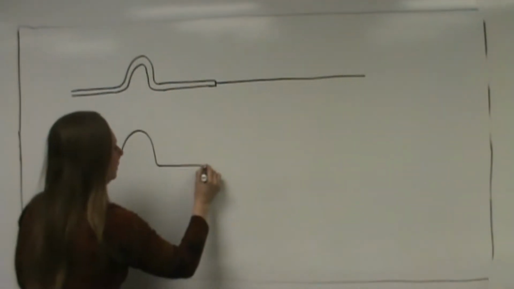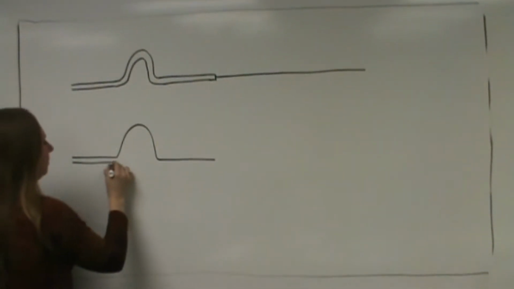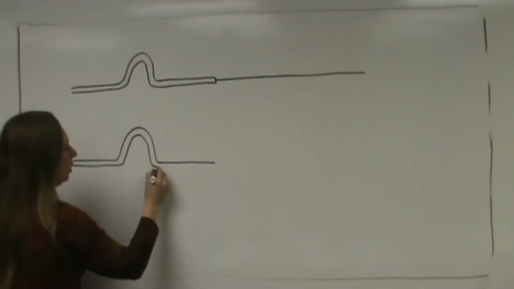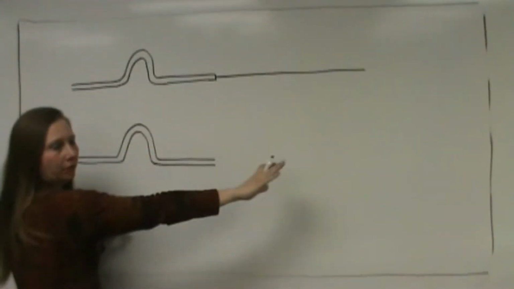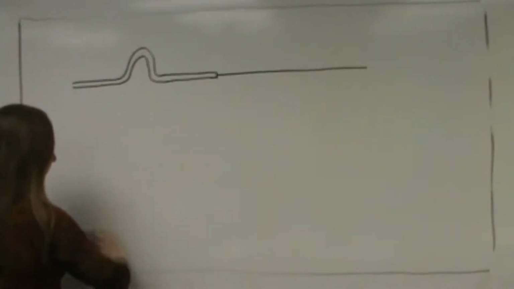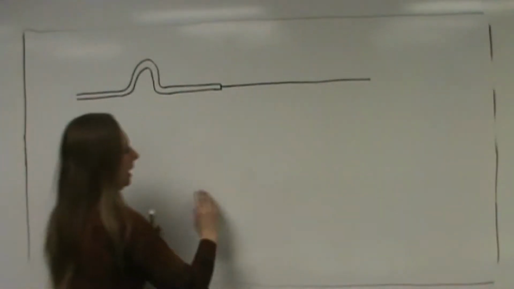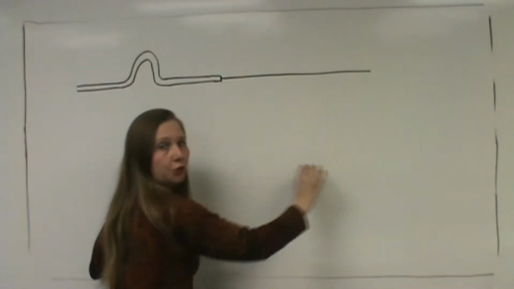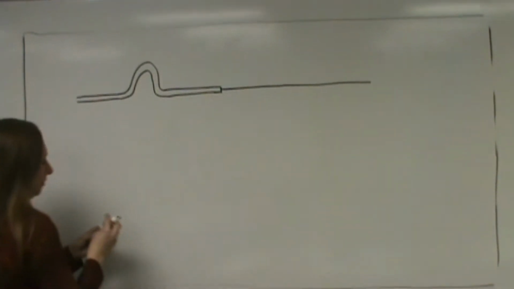is that the pulse will go down. All right, I shouldn't have drawn him there. The pulse will go down and be transmitted to the thinner piece of rope.